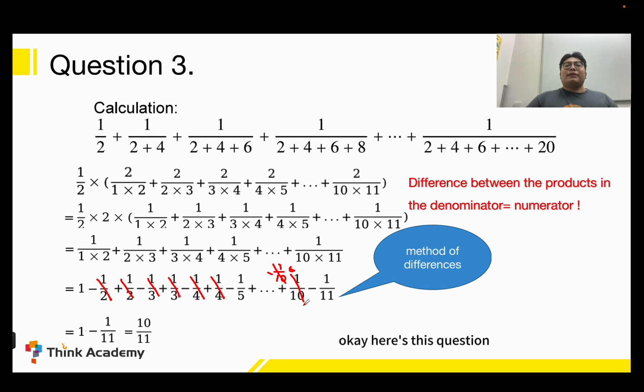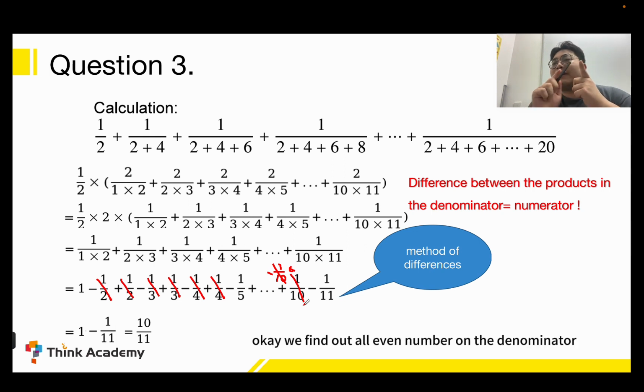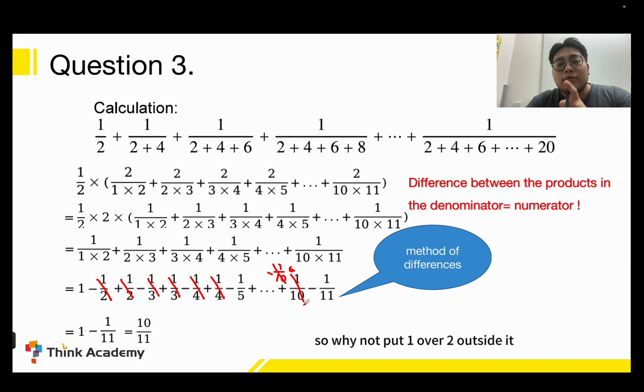Okay, here's the summary of this question. Remember, for this kind of question, the first step is to observe. We find all even numbers in the denominator, so why not put 1 over 2 outside? Next, you observe that the remaining part is just the arithmetic sequence. Use the formula for the sum of an arithmetic sequence, and you can rewrite the sequence like that.